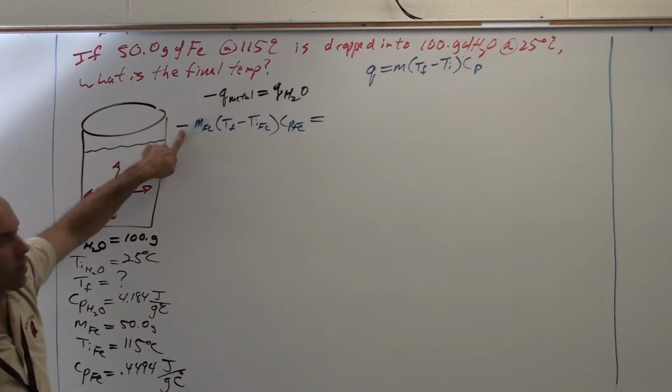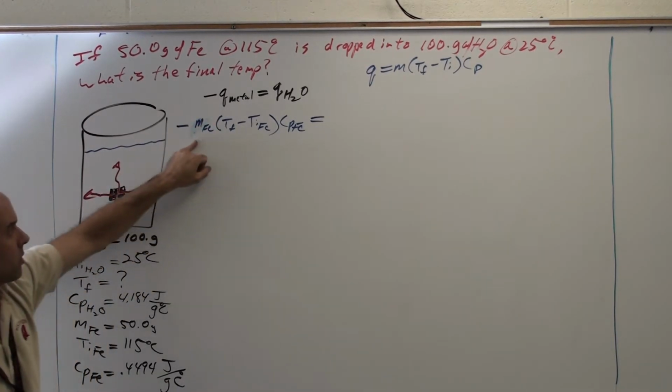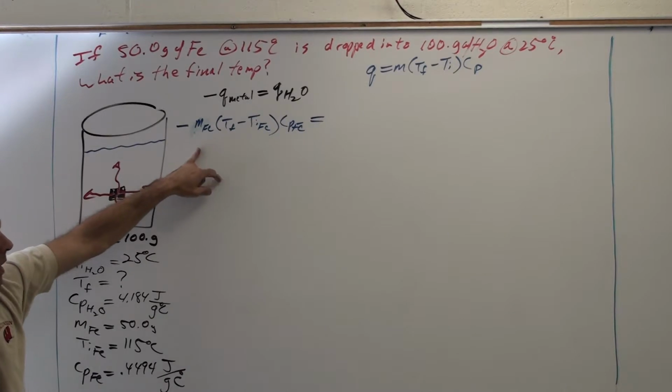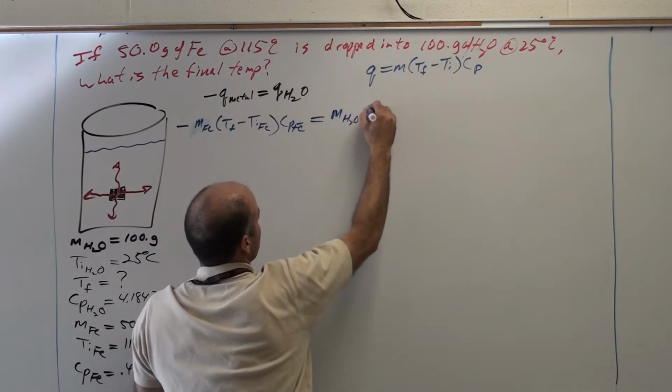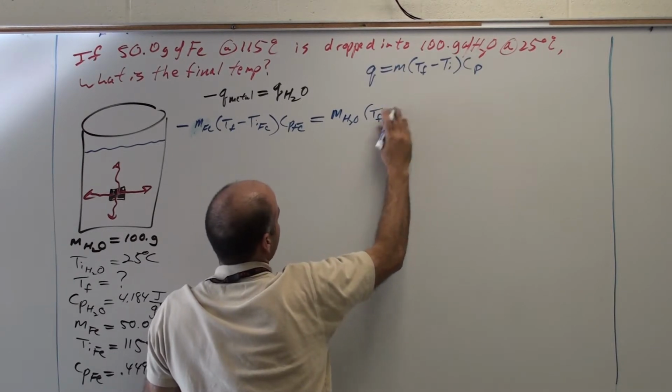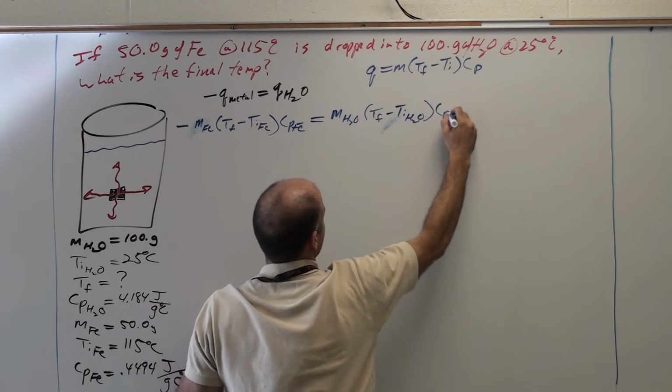The negative sign comes from there, because the metal is losing heat. That'll be equal to mass of water times final temperature of water minus the initial temperature of water times specific heat of water.